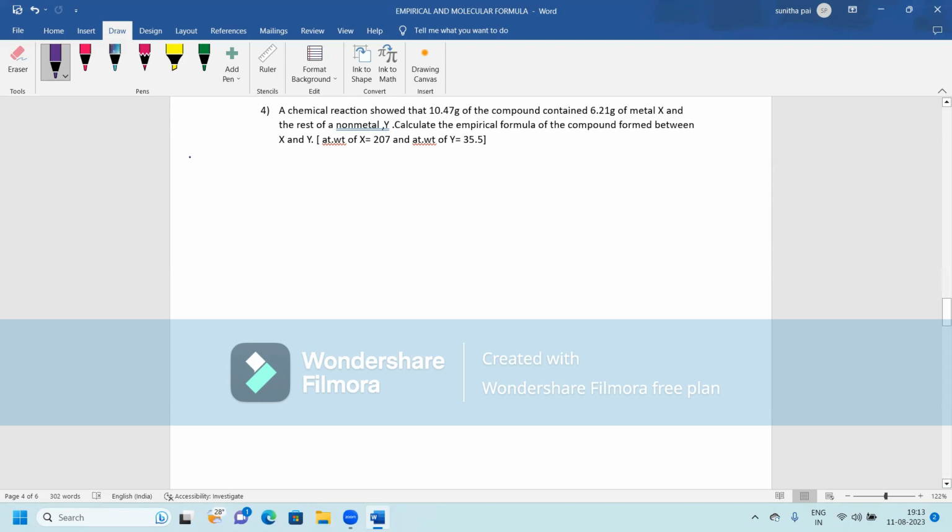Here, let us write the total weight of the compound is 10.47 gram and the weight of metal X is equal to 6.21 gram.